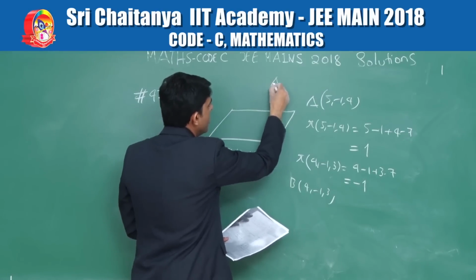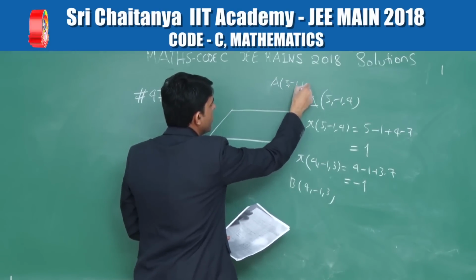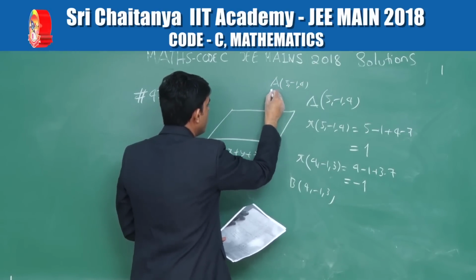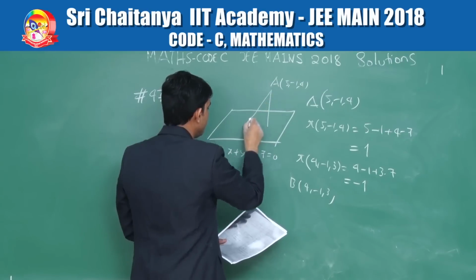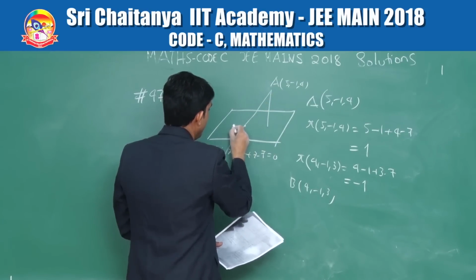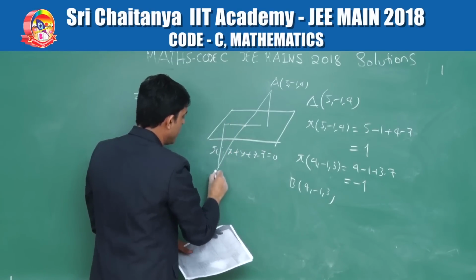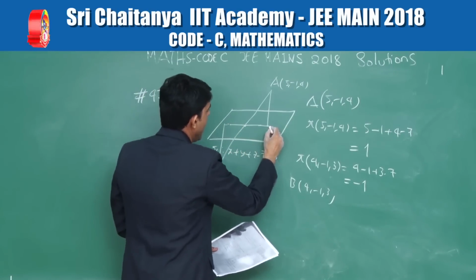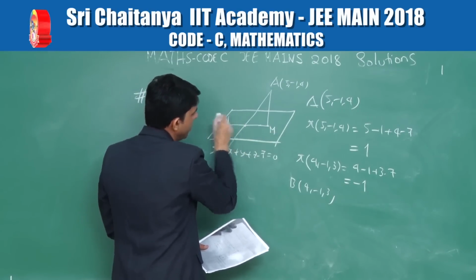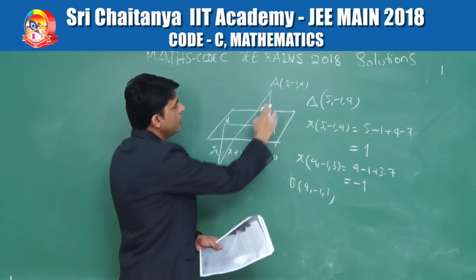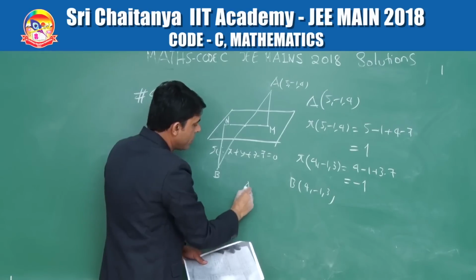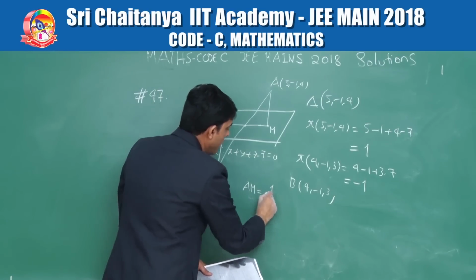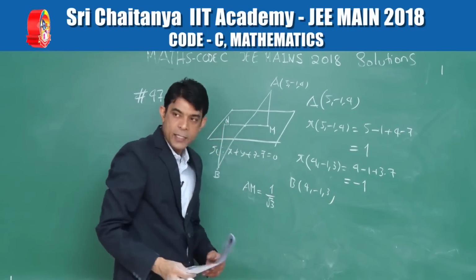So let's write this point A as 4, minus 1, 3, so we have A somewhere here. Let's call 5, minus 1, 4 the point B, somewhere here. That is B, that is AM, and that's BN. We also know the length AM turns out to be 1 over root 3, and the same for BN.